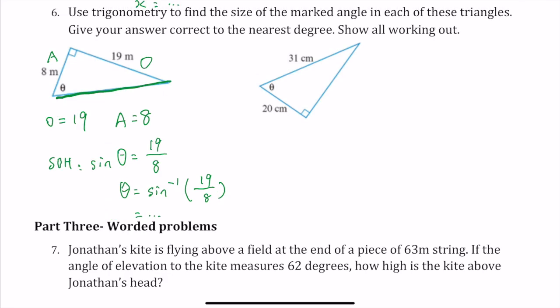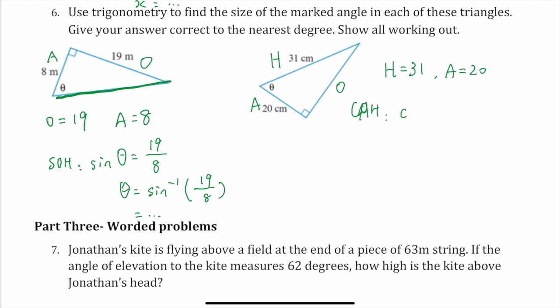Again, you are going to label first. Hypotenuse, opposite, and adjacent. Hypotenuse equals 31, adjacent equals 20. So you are going to use CAH.